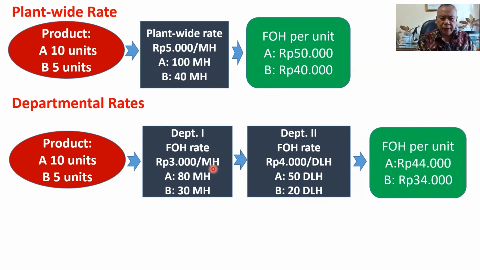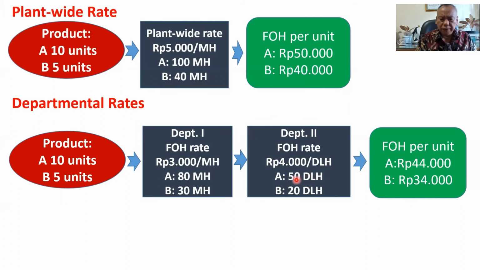So actually for product A, processed in department 1, 80 machine hours. So 80 times 3,000 will be 240,000. And then in department 2, the product is processed for 50 direct labor hours.